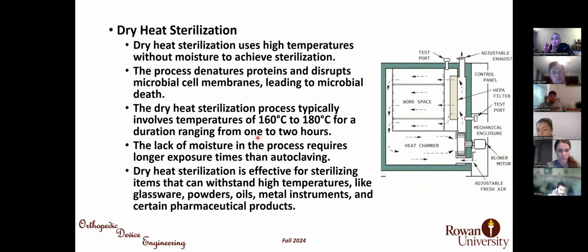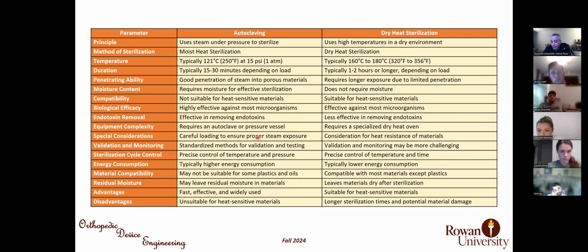And you can't use them with autoclave because autoclave also may damage them. So you must be careful with heat sterilization when you are using heat sensitive materials.